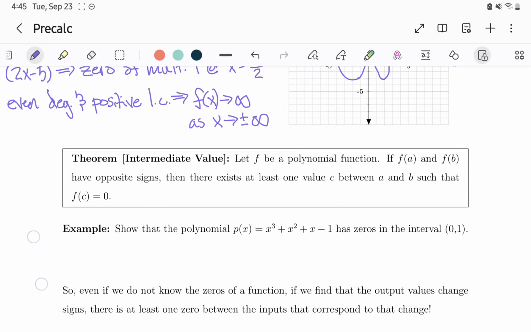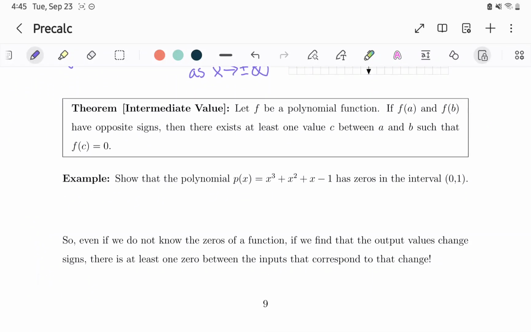All right. In the case that we don't know exactly where one of the zeros of our polynomial function is, or just any function in general that is a continuous function at least, which polynomial functions are, we have this little theorem called the intermediate value theorem, which can help us locate the zeros, or at least get a general idea of where they are.